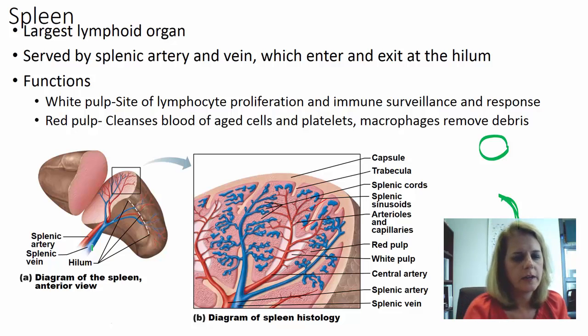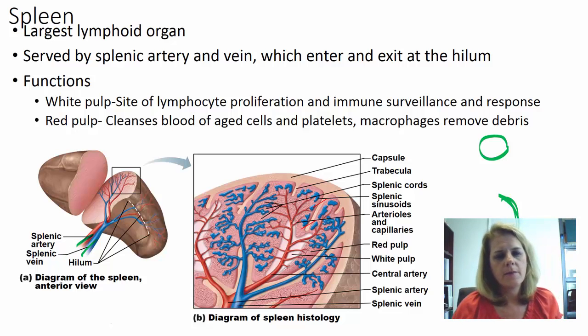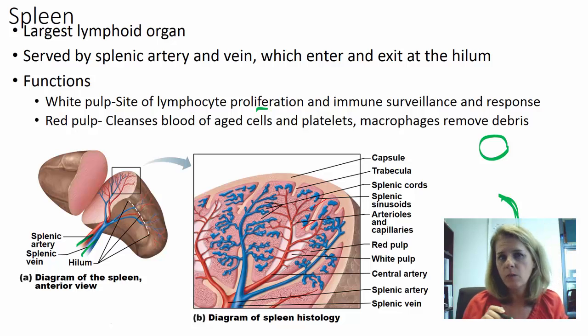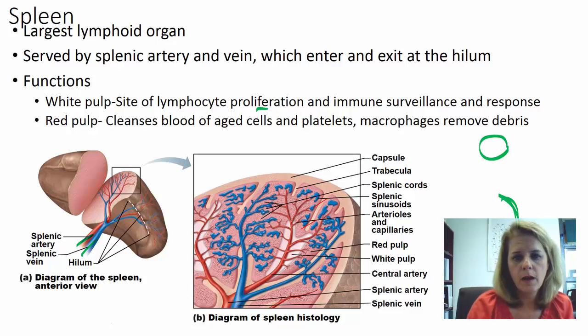It has a large splenic artery and splenic vein that go to it. Its main job, it really has 2 jobs. The spleen has the job that we call the immune response job, which is where lymphocytes can proliferate, and we can survey what's coming through the spleen, and again, see those antigens, mark them, and cause an immune response.